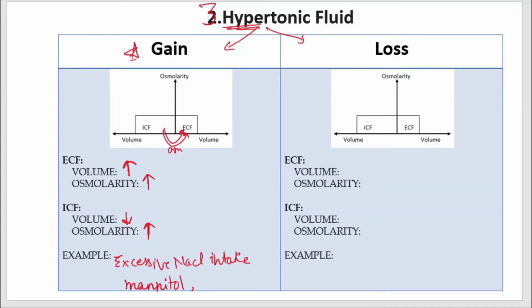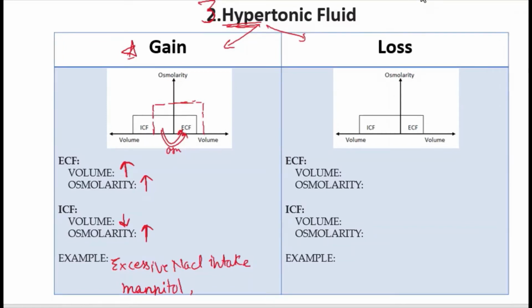The ECF volume is going to increase, and the osmolarity also increases. The ICF volume is decreased, and the osmolarity increases. It means it will be like that.